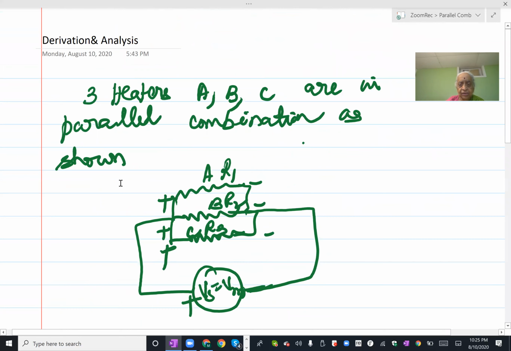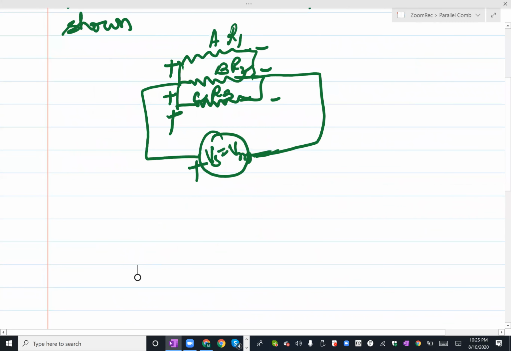I have redrawn the circuit here. As you can see, I have redrawn the circuit, and just listen to the derivation. R1, R2, R3 are in parallel, and the powers are respectively P1, P2, P3. These are marked powers. When put in the circuit, the total power of the combination is my question.